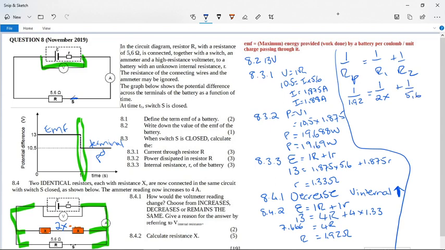Okay, so then I end up, just put it in your calculator. Remember, you people are not so good at fractions. Put it in your calculator and you work out that x is something like 1,46 ohms. Okay, remember that this is a 1 over formula, so you will end up with 1 over 2x. You must invert it, and then that will give you the value for x.